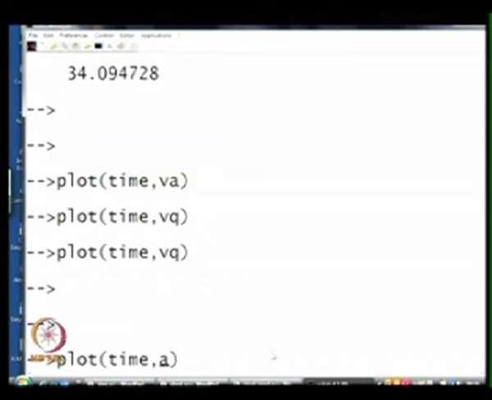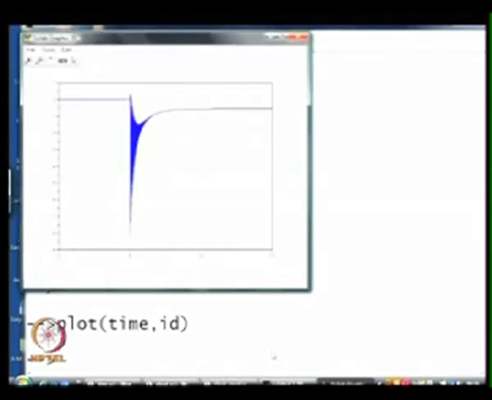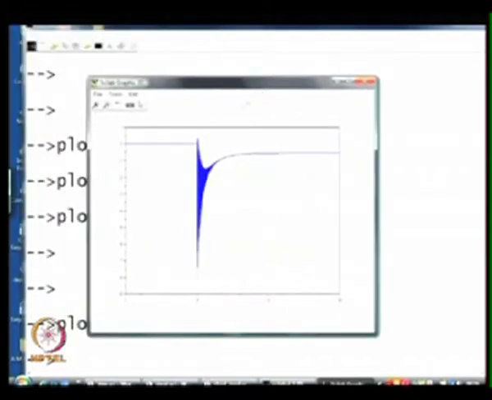Okay, so in fact, if you plot IA on the other hand, for example, first what we will do is plot the current ID. If you look at the plot of current ID, this is how ID looks. So it is of course 0 initially because you are under open circuit conditions, and then there is a big jump.